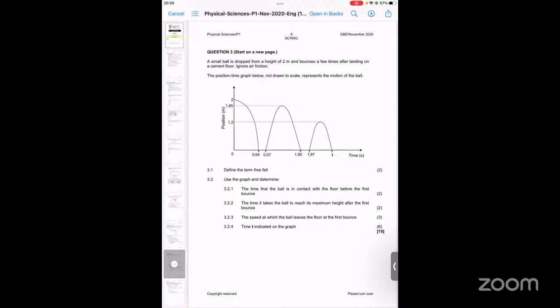But in this case, for today's lesson, we're going to be looking at a situation where you are given a graph and they ask the questions based on the graph. So now, how we are going to be doing this question is by going through the given statement, looking at the diagram, and then going through the questions.